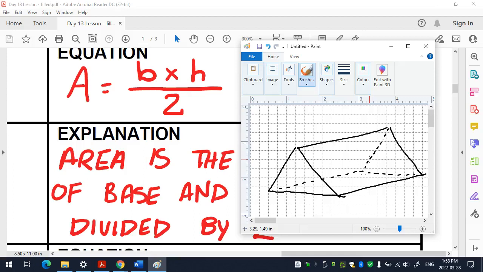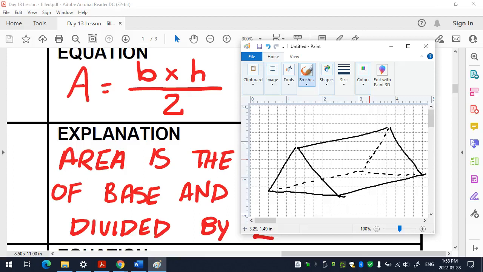You also need the height, like the zipper from the whole thing. And then you have to divide by 2. If you don't, you're going to get double the real area, right? Because remember, when you divide by 2, things go down to half. When you don't divide by 2, they stay as big as they were before.